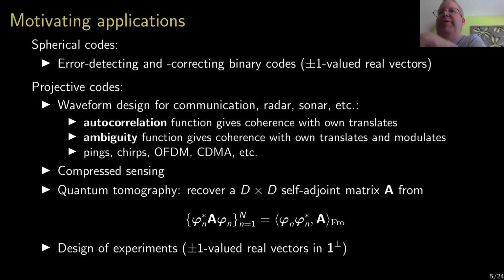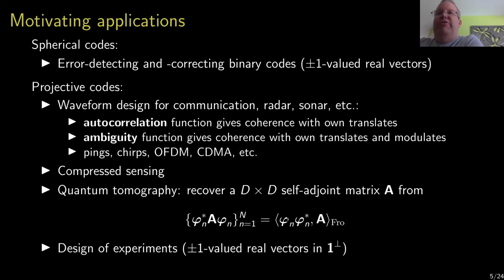But even spherical codes, and that's classical, especially very applied, a lot of algebraic coding theory, error correcting codes, error detecting codes, comes into trying to design exactly that, where the actual real vectors have +1s and -1s in them. They are obtained by exponentiating binary code, raising -1 to the binary power. But like projective codes, trying to find things of minimal coherence, we have been trying to minimize coherence as a society for at least like 80 years.